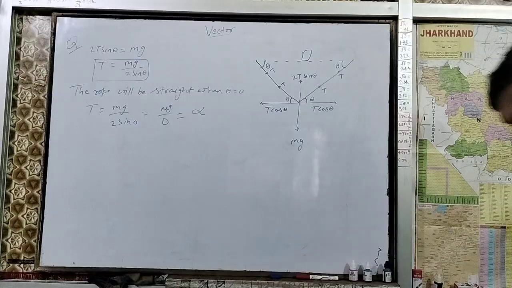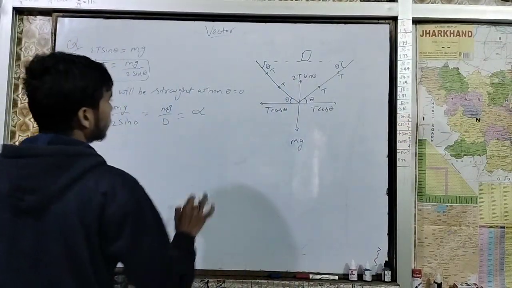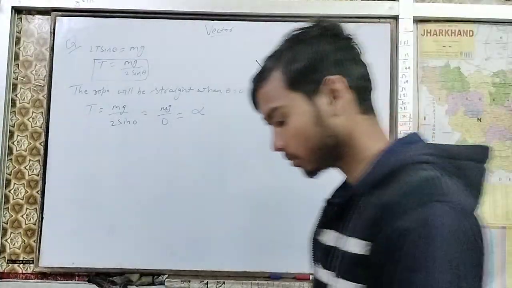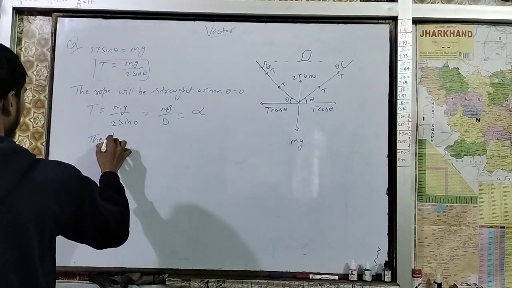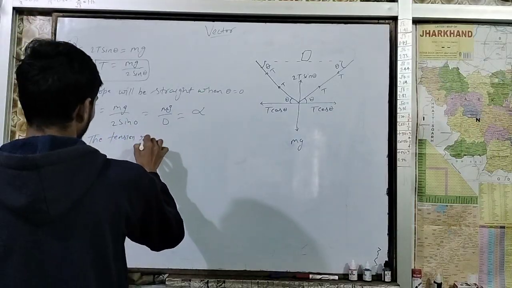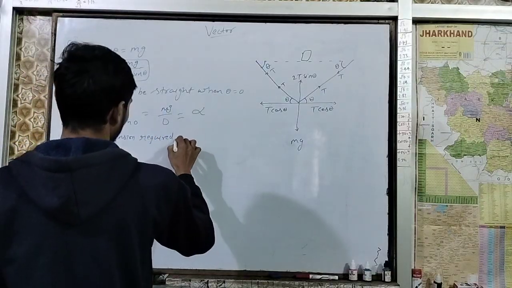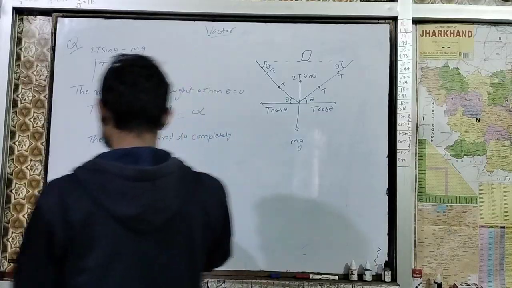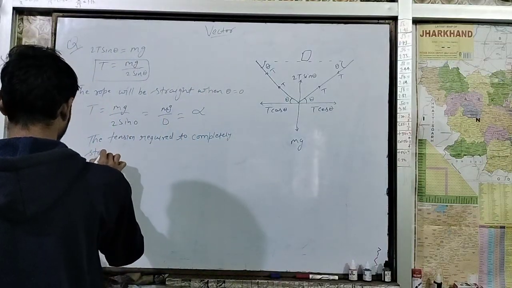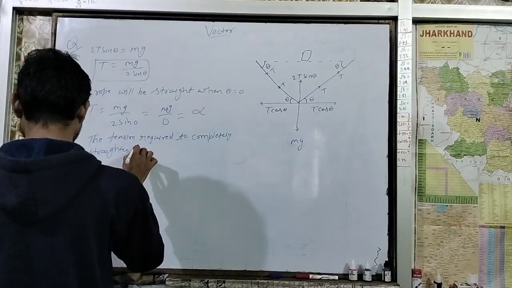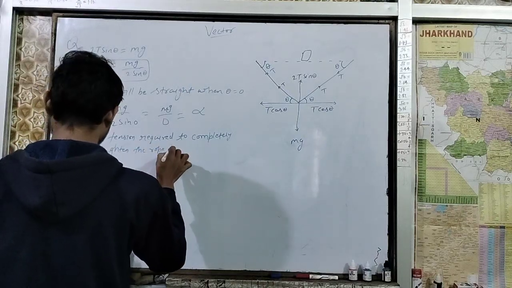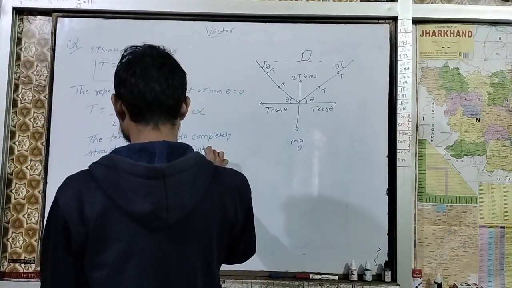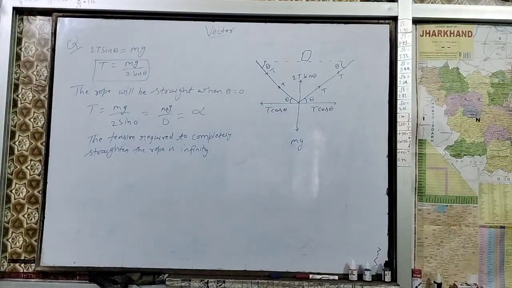The tension required to completely straighten the rope is infinity at angle 0 degrees. Clear?